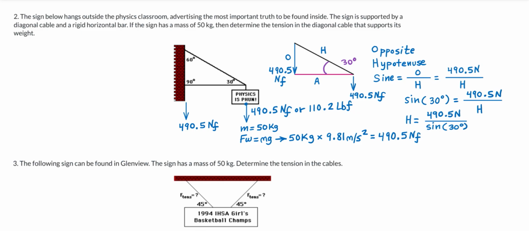So the sine of 30 is 0.5, so when we divide 490.5 into 0.5, we got 981 newtons of force for the cable, which is also equal to 220.4 pounds force, 4.45 newtons of force to 1 pound of force.